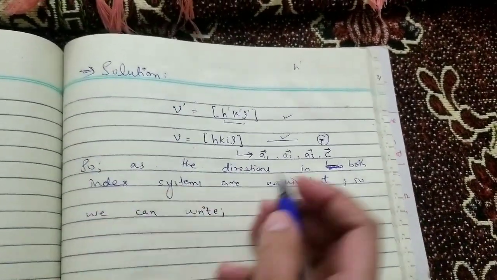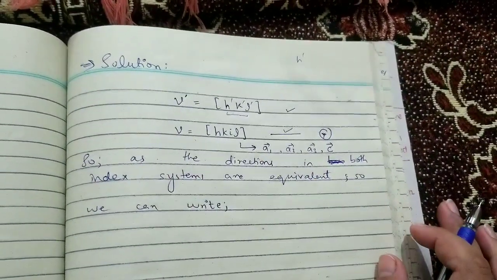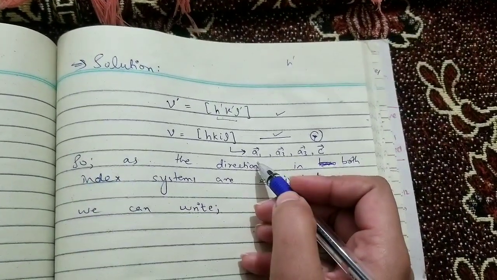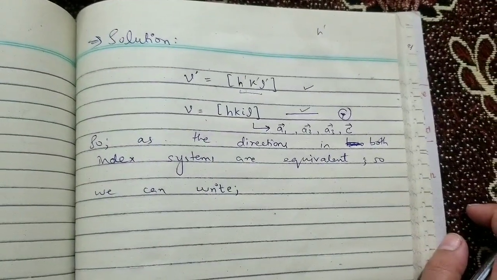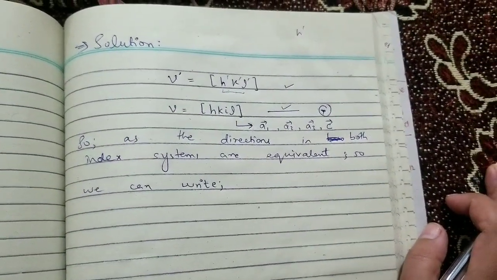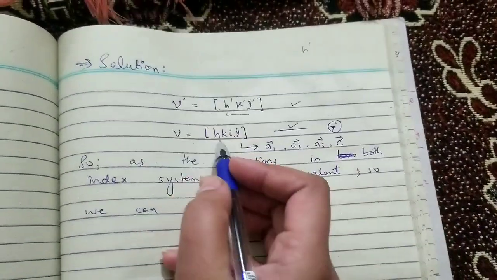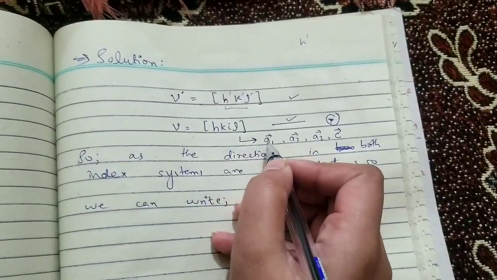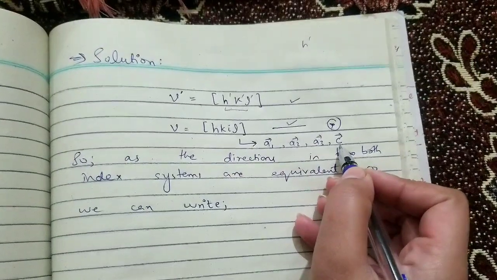But more for HCP, because the 4 index system is usually used for HCP, and in HCP the 4D coordinate system is used. And 4 index system means the 4-dimensional coordinate system also. So we'll have 4 vectors corresponding to each of the indices: for h it will be a1, for k it will be a2, for i it will be a3, and for l it will be c.